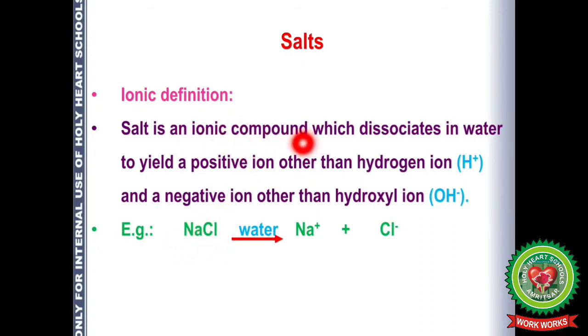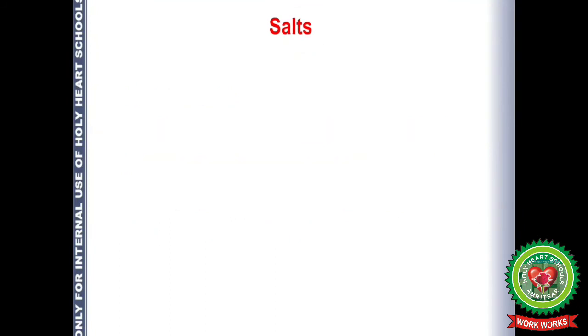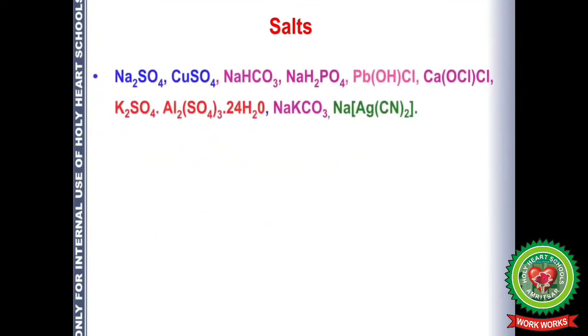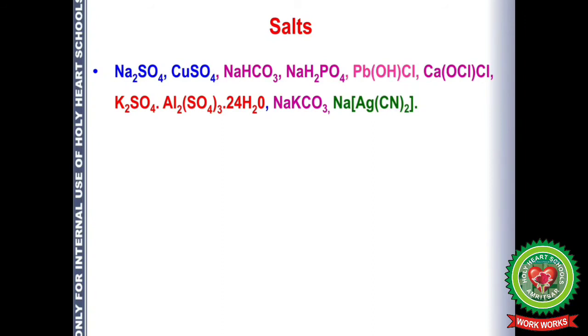So what are ionic compounds? Ionic compounds are the compounds formed by transfer of electrons between a metal and a non-metal. So when sodium chloride dissolves in water, it dissociates into sodium ion and chloride ion. Let us consider more examples of salt.